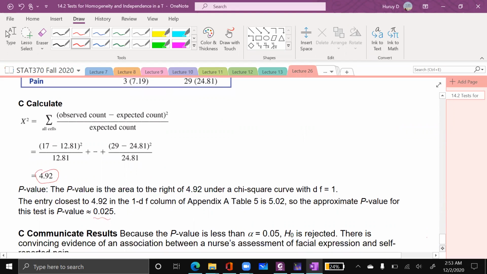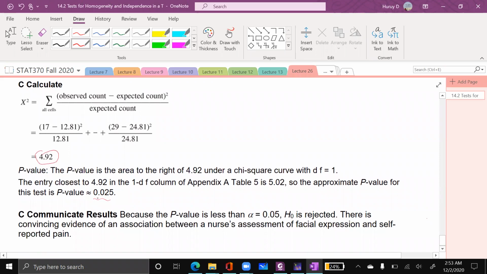Using the table, they found the p-value to be 0.025, and using technology we found it to be 0.0266, which are pretty close.